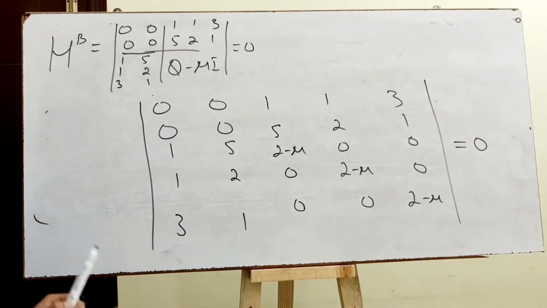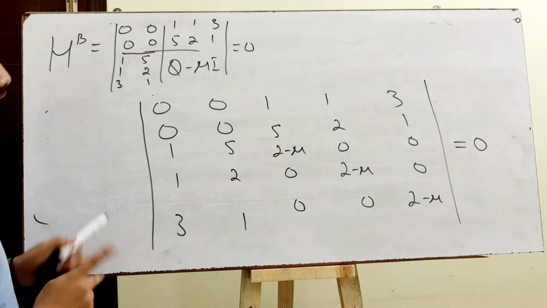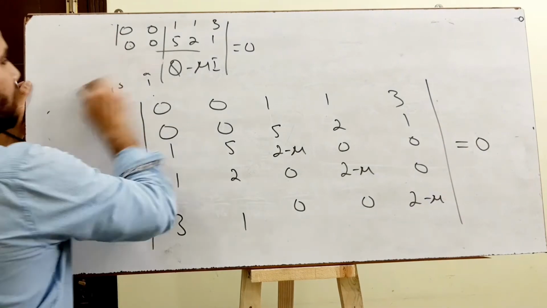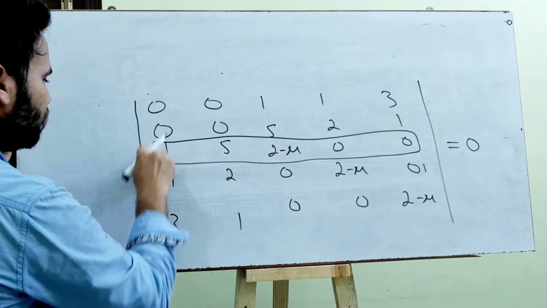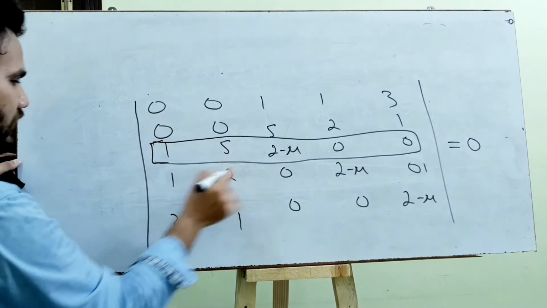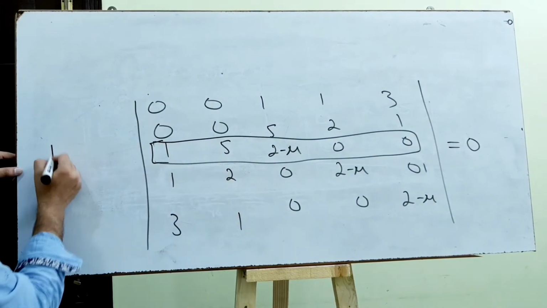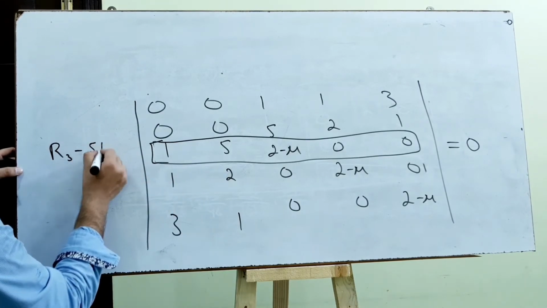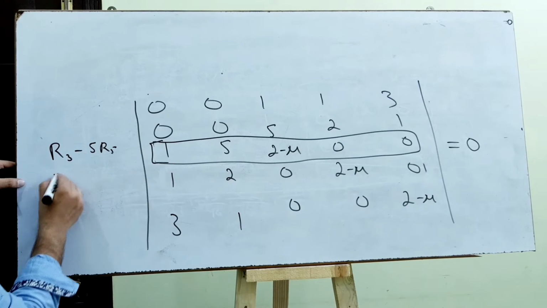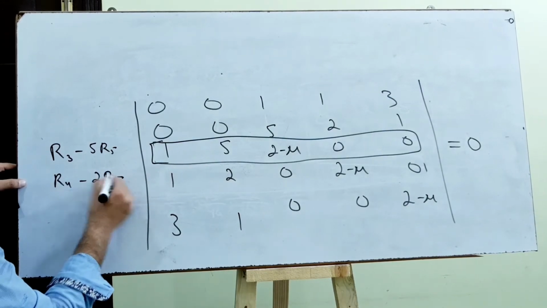Now it is very tough to find the determinant of this matrix, so I am going to use a property. So I am going to make this row 0. So R3 minus 5 R5, and here R4 minus 2 R5.